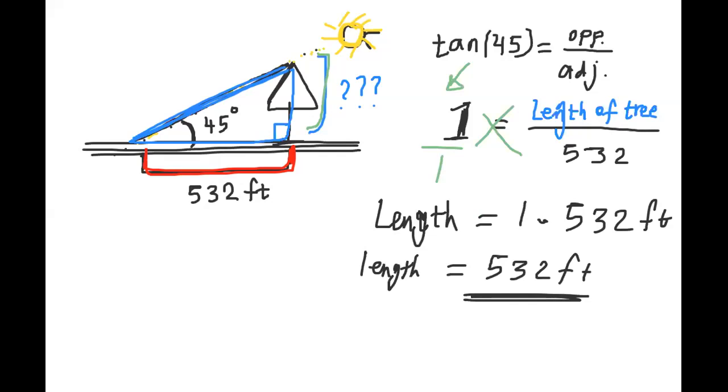Okay, any questions so far? So the height from the ground to the top of the tree is 532 feet. This is the second application for using trigonometric functions. Anyone has a question?